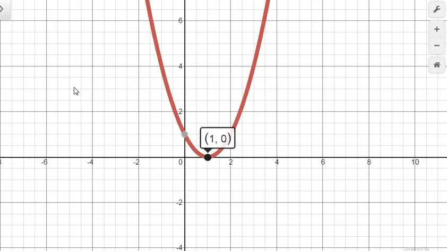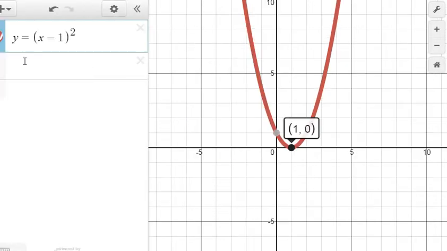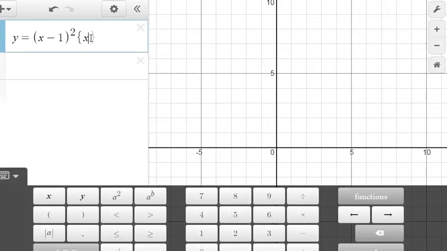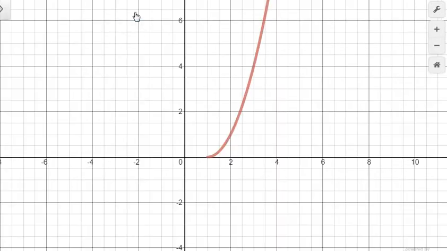Yeah, I can do one of two things. I can do x is greater than or equal to 1 or x is less than or equal to 1. But either way, if I make a restriction here, say x is greater than or equal to 1, now I have something that passes the horizontal line test.